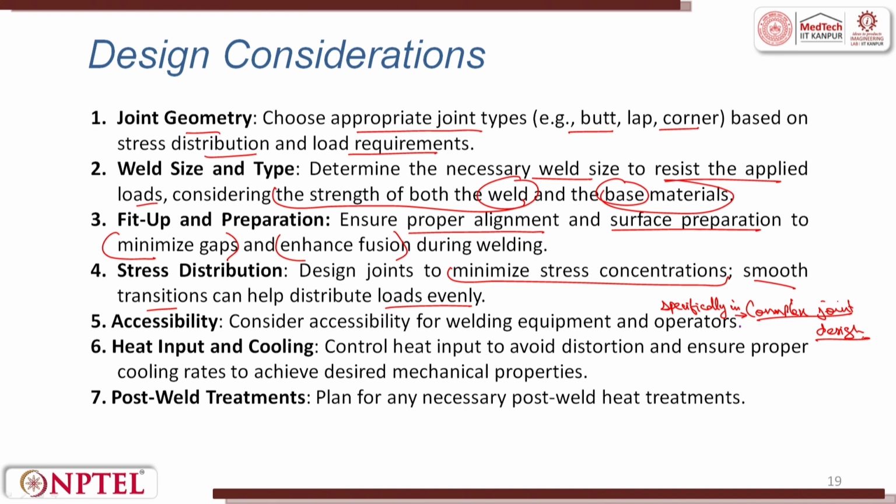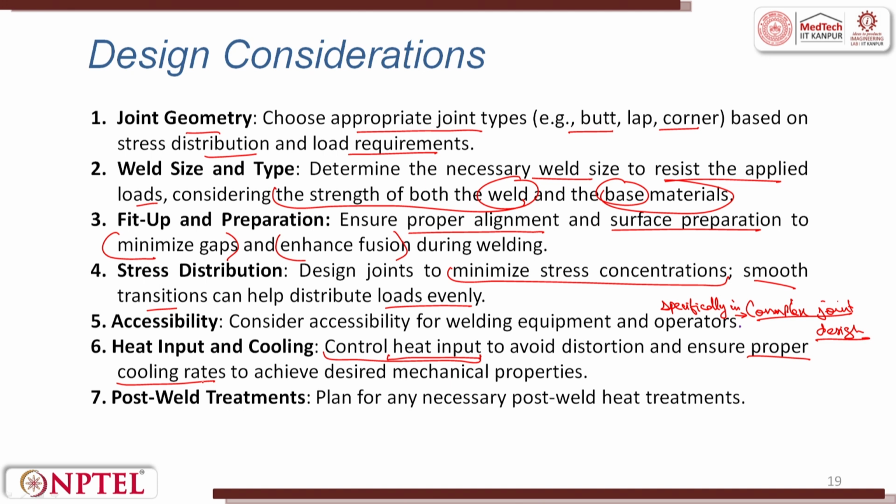Heat input and cooling. Control heat input to avoid distortion and ensure proper cooling rates to achieve desired mechanical properties. Proper cooling rates, whether cooling through air, cooling through water, what kind of heat treatment or post weld treatment we need to do to avoid that, heat input and cooling can be controlled as well.